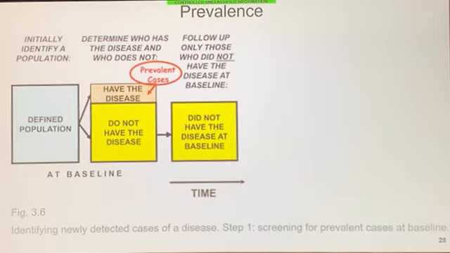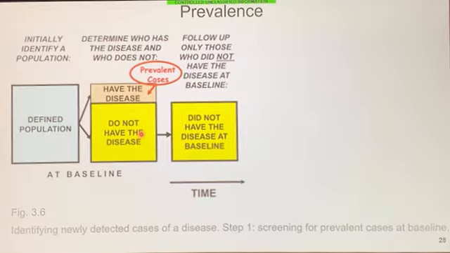If you have a defined population at the onset of a study, you have a cohort, you test them for a certain disease. The people that have the disease versus those that don't at that baseline, those are the prevalent cases. So that's at one snapshot in time.